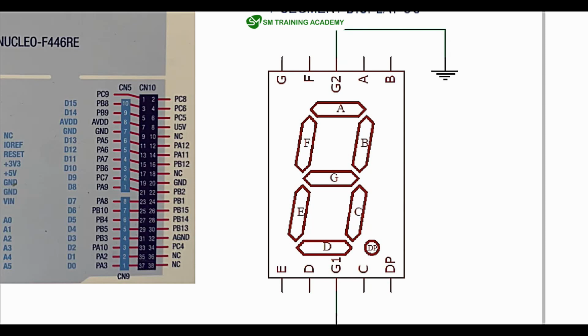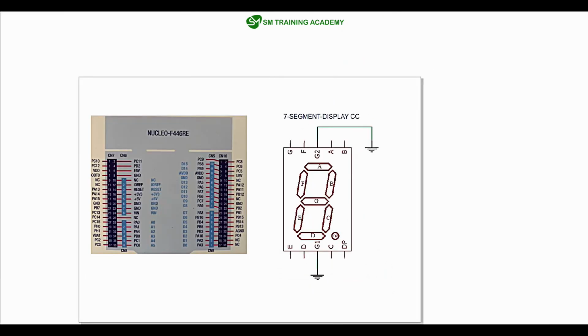So you can use any one of the pins for connecting it to the ground of the circuit for displaying any number. And all these 8 pins, A, B, C, D, E, F, G and DP, we can connect directly to any of the output pins of the microcontroller for driving the 7 segment display for displaying numbers from 0 to 9.